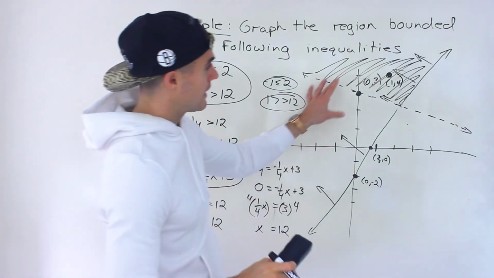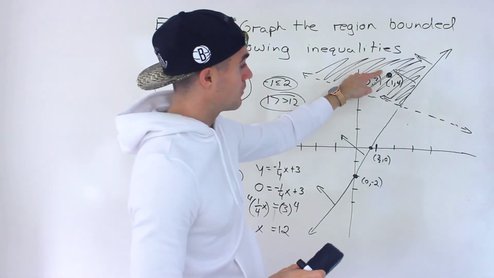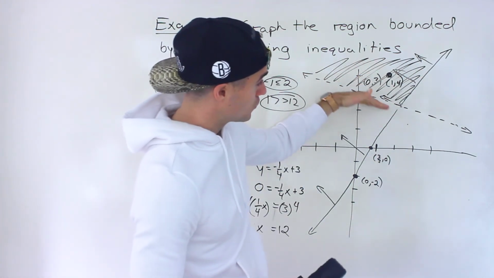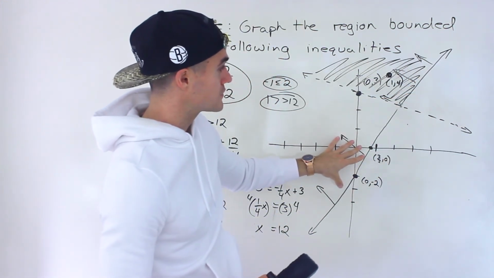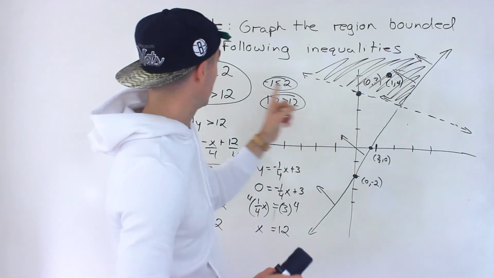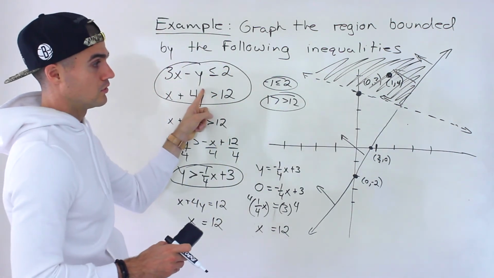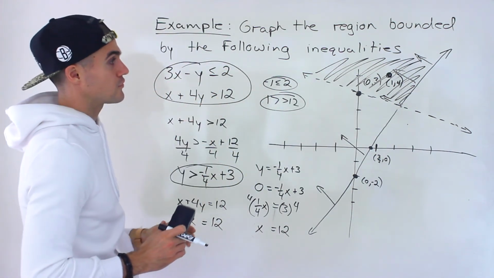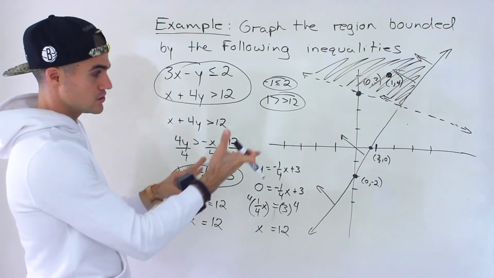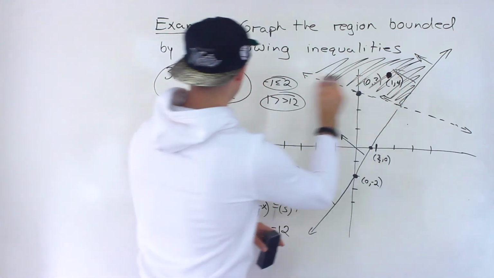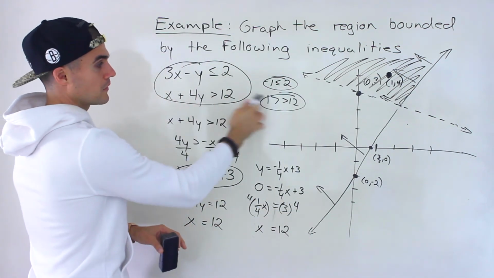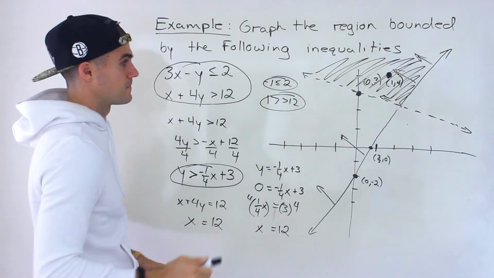So once you shade in that region, you could pick a point within that region. Just make sure it's within, right? That's why I suggest drawing out these graphs to scale when you're dealing with multiple inequalities. When you're going to graph the region bounded by multiple inequalities, draw the graph to scale, then it's easy to pick a point in that region and then test it for both of them, and then both should pass.